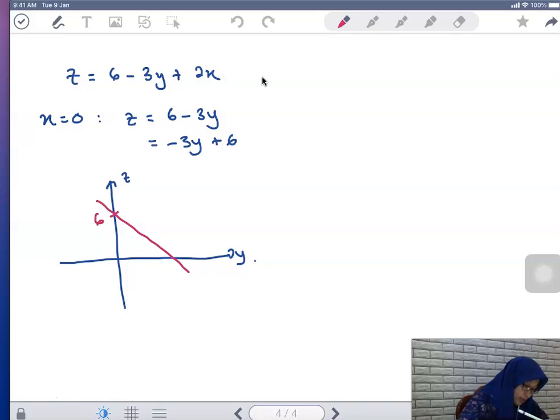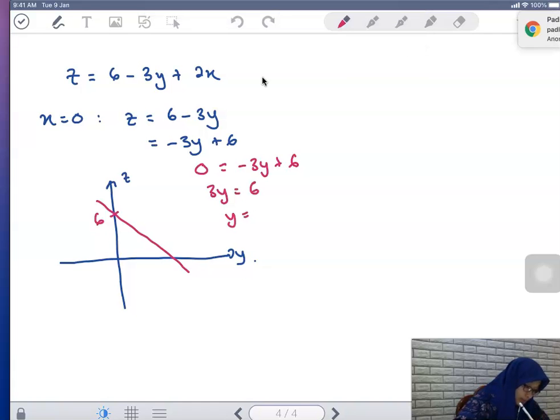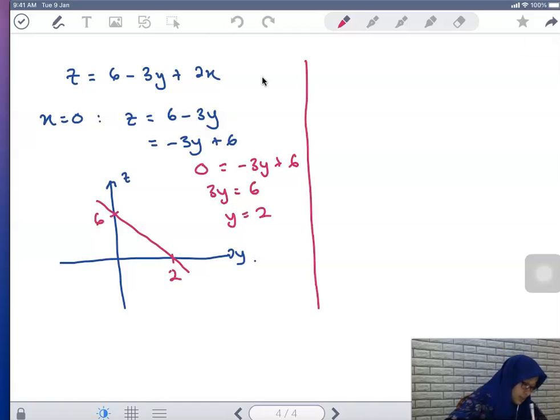How about on y? Setting z equal to 0, we have 0 equal to minus 3y plus 6, so 3y equal to 6, and y is 2. So that is the first one.